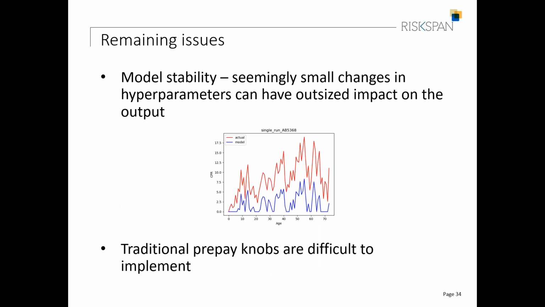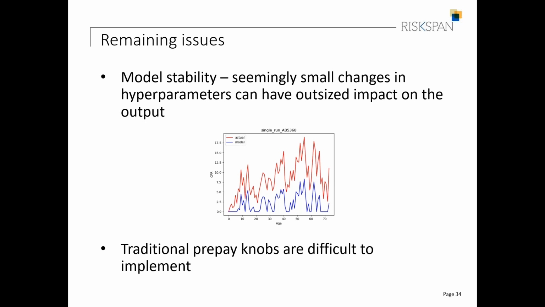First, model stability. Lei spent a lot of time talking about the importance of hyperparameter selection and getting that right. The demonstration here with this chart is that some slight changes in those hyperparameters can lead to really different model results in the end.